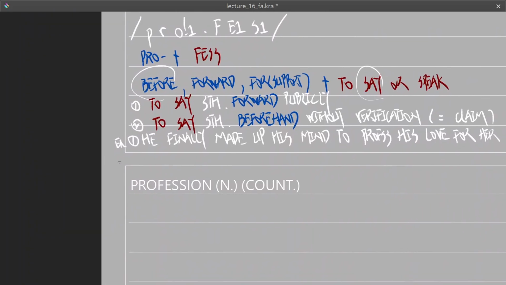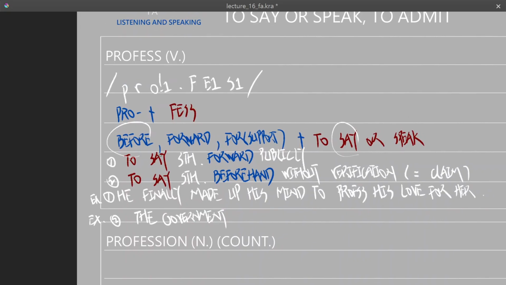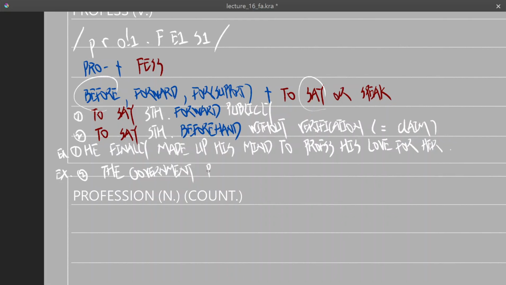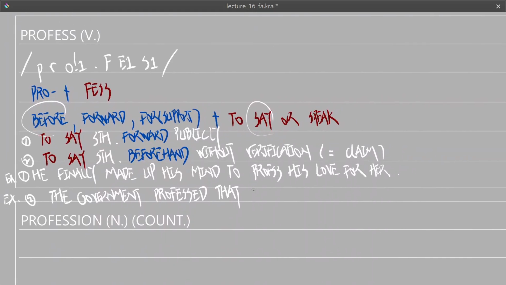All right, so for example, let's say the government professed that he will take care of the poor.